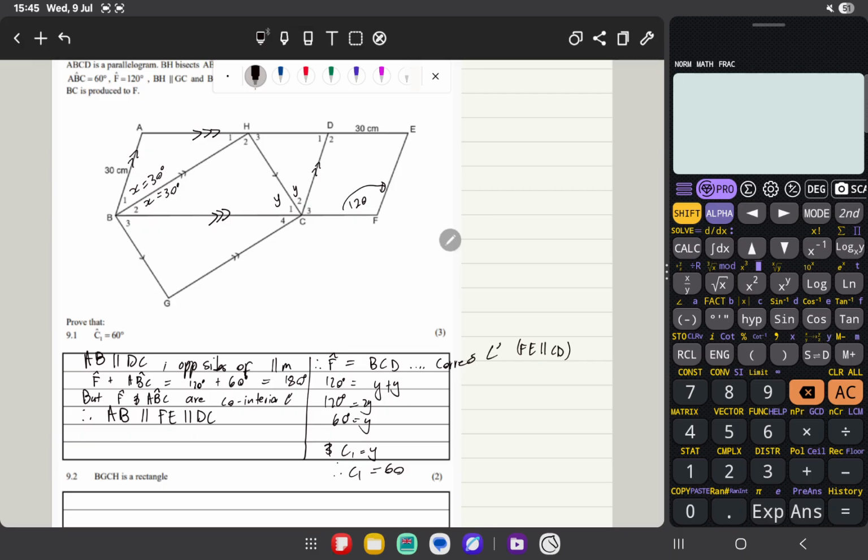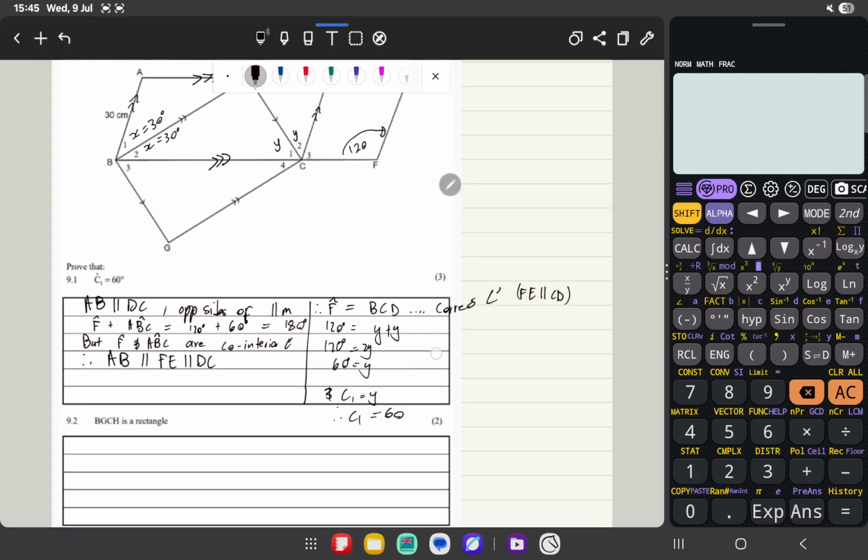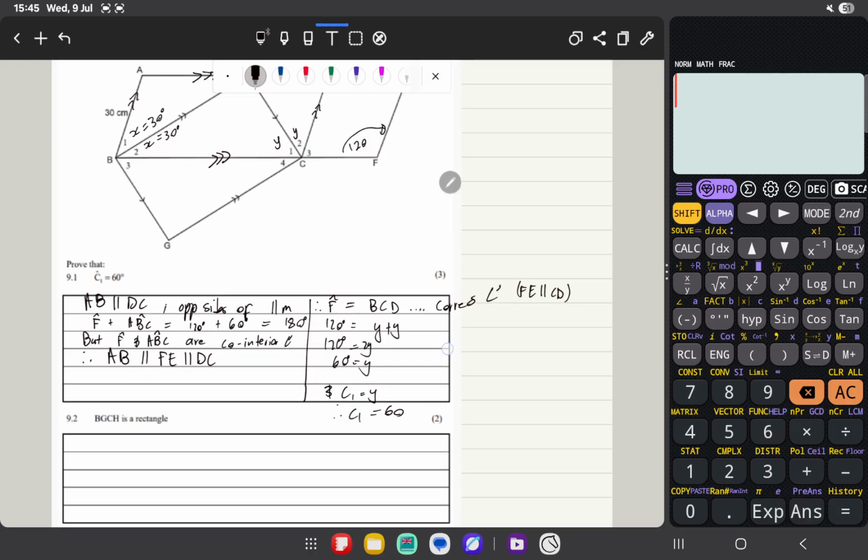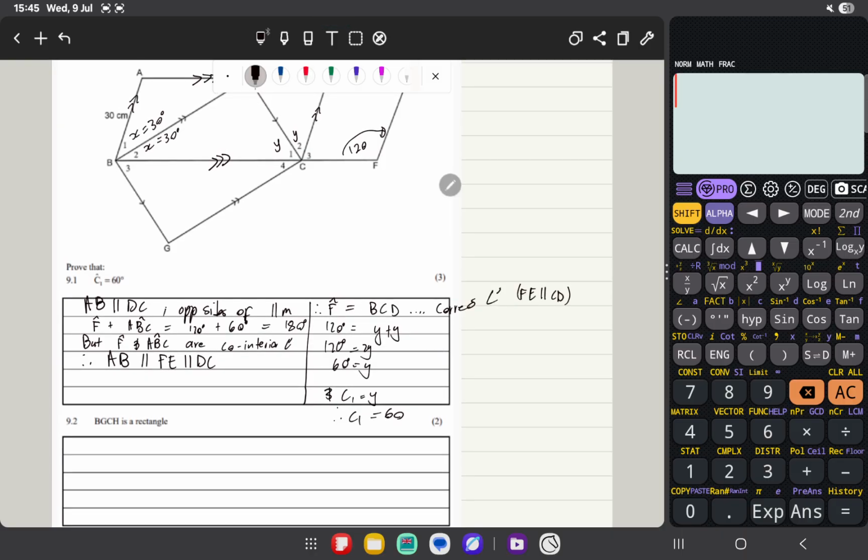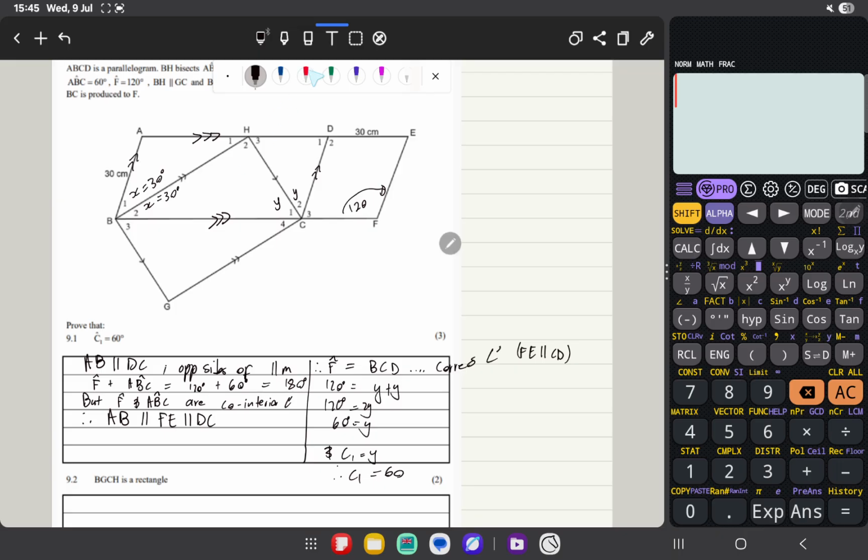Remember, one of the things that are very unique to rectangles is that they have an angle of 90 degrees. And looking at this diagram, because of BH being parallel to GC, we're going to have alternating angles, ne?